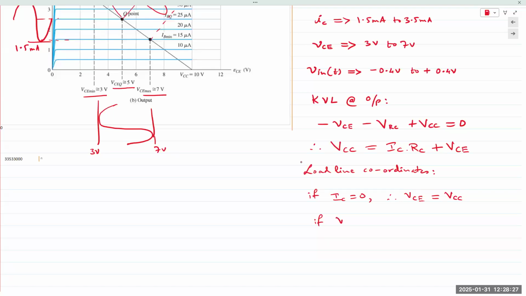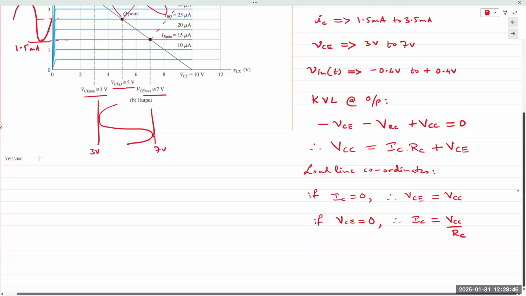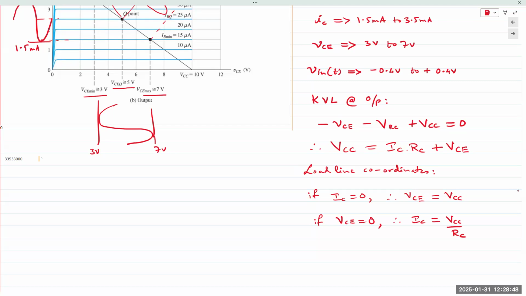So if VCE is equal to 0, then IC is equal to VCC over RC. If IC is equal to 0, VCC is 10 volts.